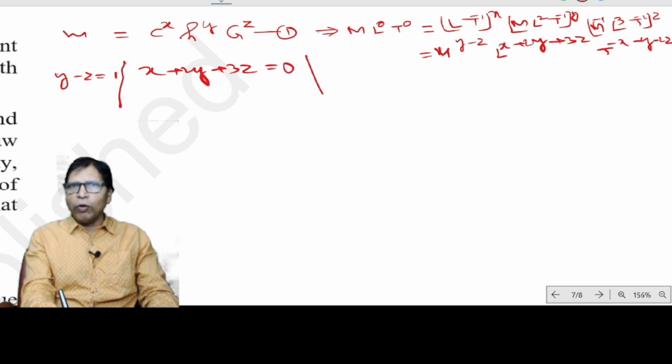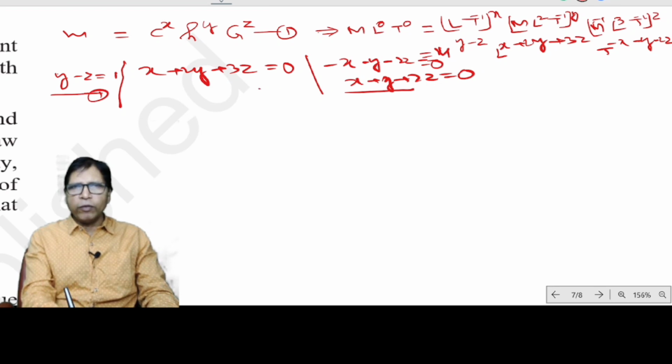And finally minus x minus y minus 2z equals 0, so x plus y plus 2z equals 0, this is equation 3. Okay, no problem.